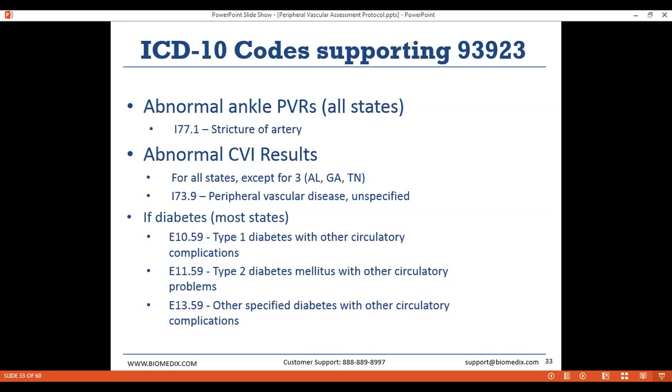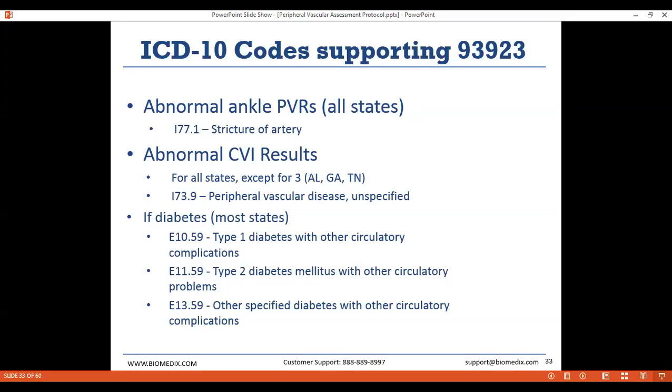If the CVI result comes back abnormal in one of those states and the patient is diabetic, then you have an indication. And that's E10, E11, or E13.59, which is diabetes with vascular complications, and the code varies a little bit depending on what form of diabetes the patient has.